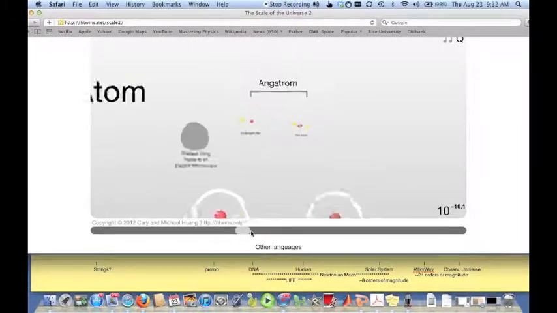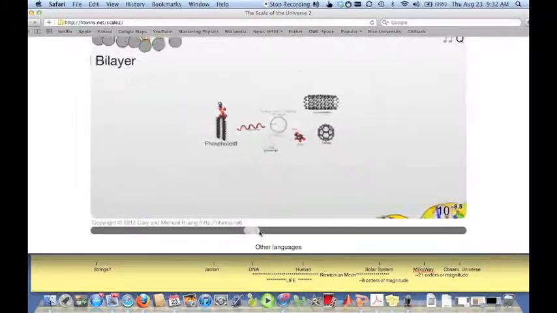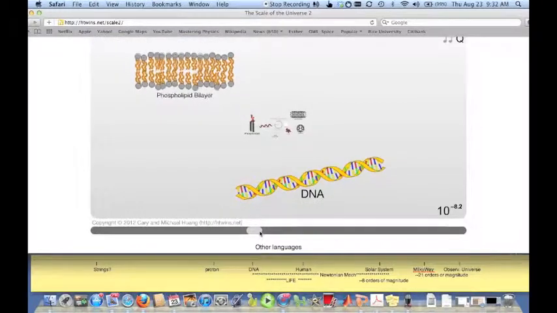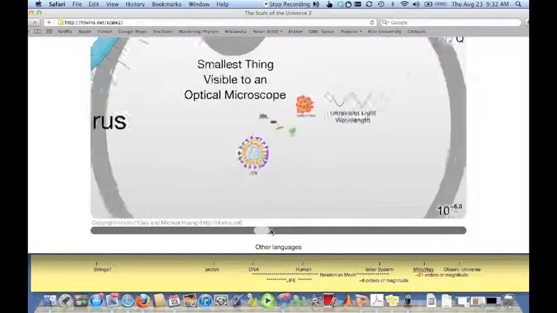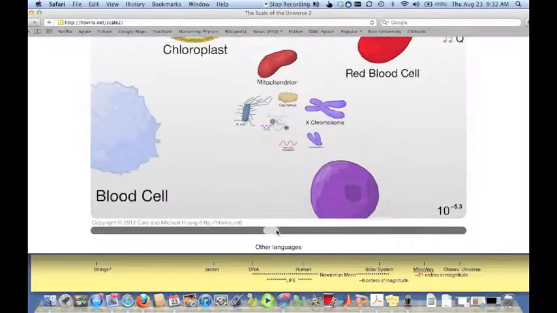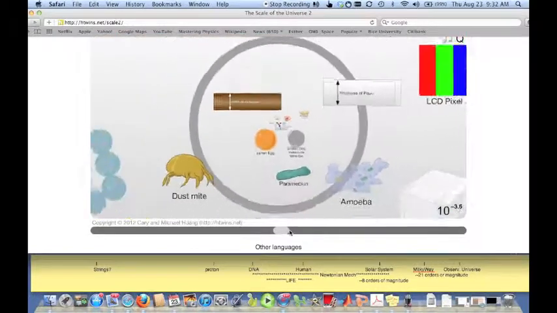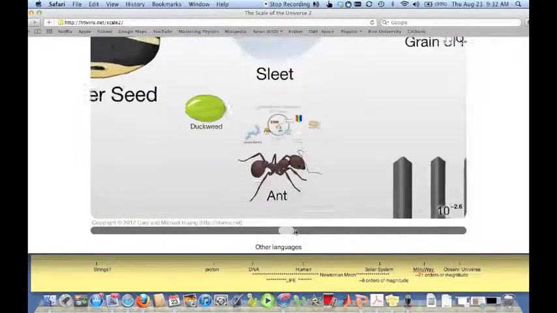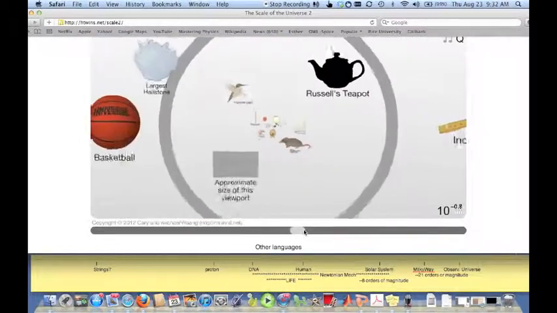So now let's go to higher scales: carbon atom, some big molecules, buckyballs, and DNA. The scale of that is about 10 to the minus 4 meters. Going up, you start talking about viruses, small bacteria and microorganisms, white cells, eggs, little animals, little insects, seeds, smaller animals, and finally humans.